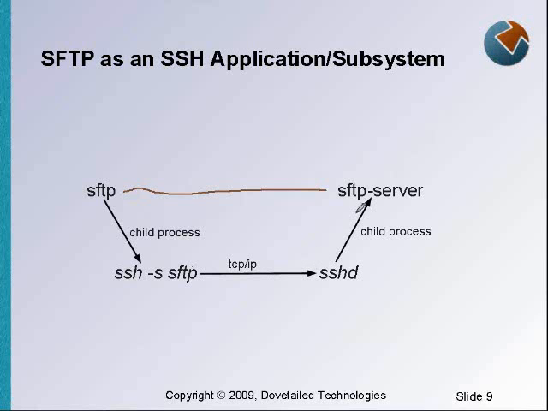Now, the only other point I want to make is that when SSHD authenticates the user and starts this SFTP server subsystem, it is started under the user's credentials. So it's started under the user ID that's logged in. It runs as a normal job. It doesn't have any special privileges. It's just a normal program run under the security context of the user who signed in.